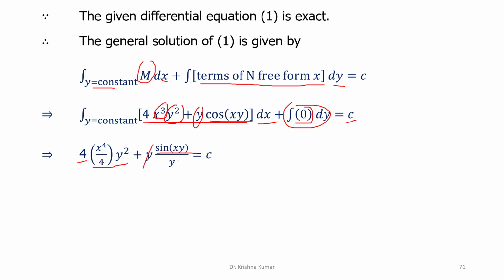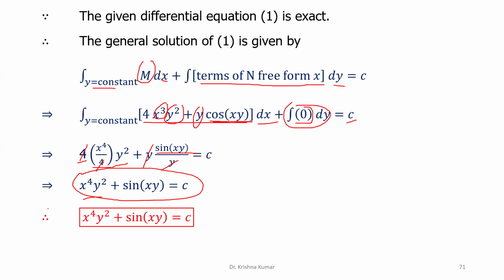The y and y cancel, and the 4 and 4 also cancel. So x⁴y² + sin xy equals the integrating constant c.